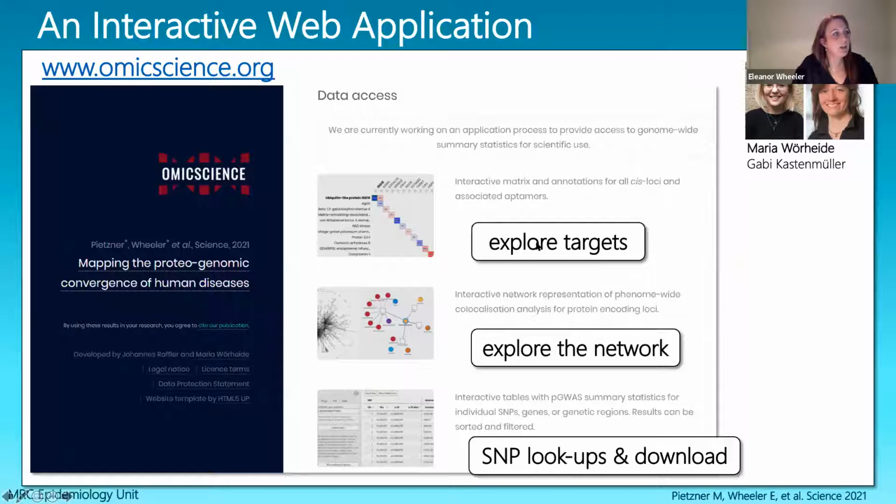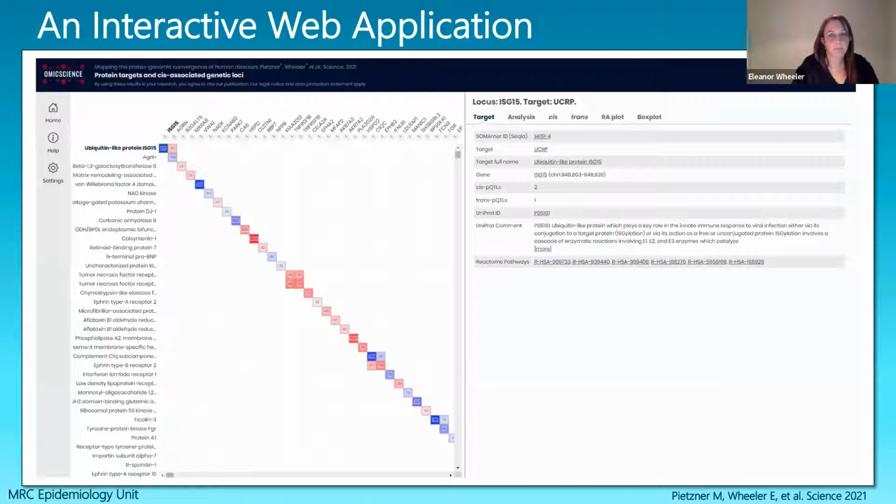You can explore the targets. There's a matrix, and you can look at all cis loci and associated aptamers. You can explore the network, and you can also do SNP lookups and download results. This is an example of the matrix where you can put in a target and look at the number of pQTLs for the different targets.